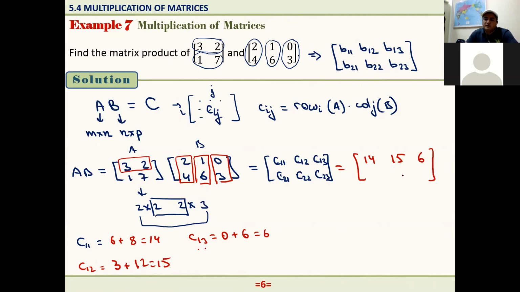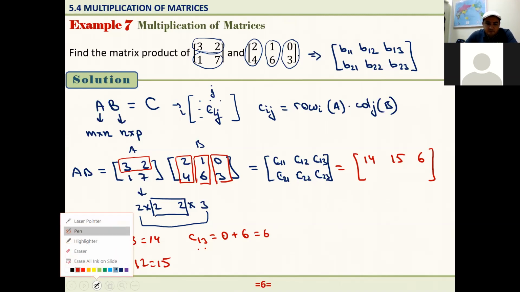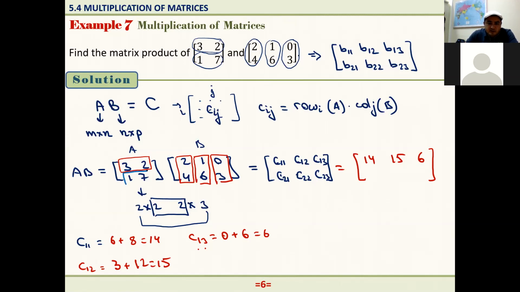Now we are done with the first row. To write the second row entries, C21, C22, C23, we multiply the second row by each column.